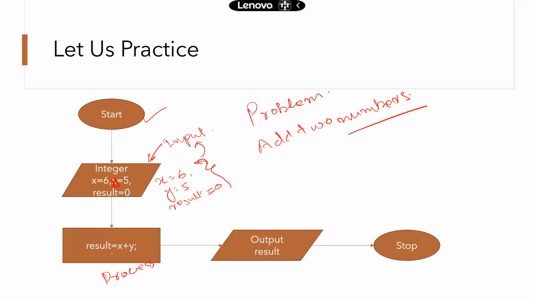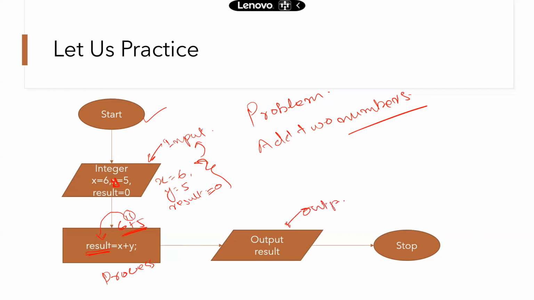Logically, 6 plus 5 is going to add up and give us 11, and 11 is going to get stored in the result variable. If we output the result, we can see that within this process box, once 6 and 5 are added, the 11 is stored in the result. After that, we're going to have an output box.